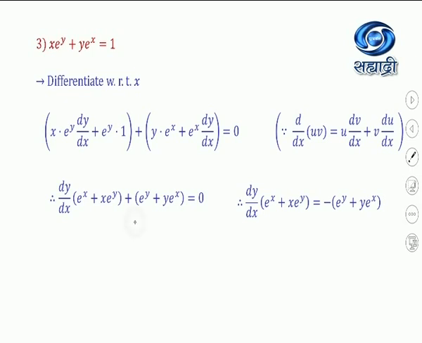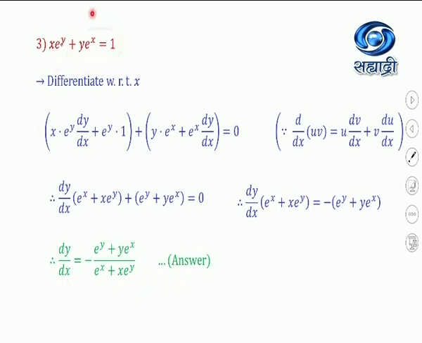Now I take this second term to the right hand side, it becomes minus, in bracket e raised to y plus y into e raised to x. Now take this bracket to the right hand side in the denominator. So we get our final answer as dy/dx equal to minus (e to the power y plus y into e raised to x) upon (e raised to x plus x into e raised to y). Now this is our final answer.